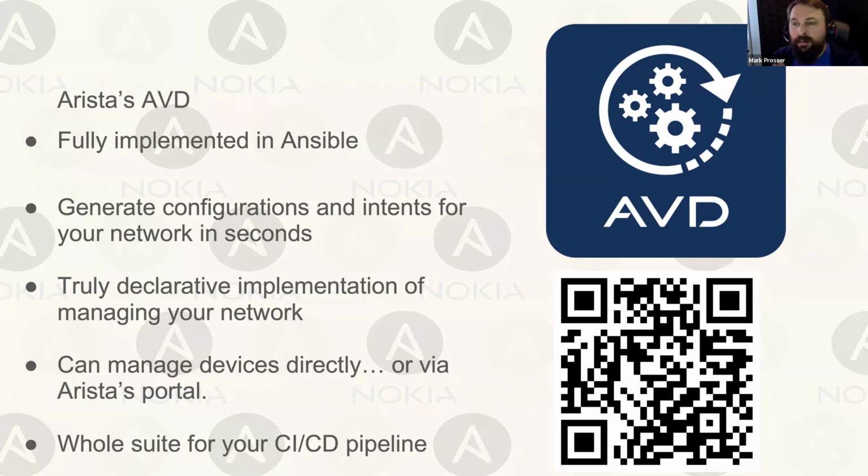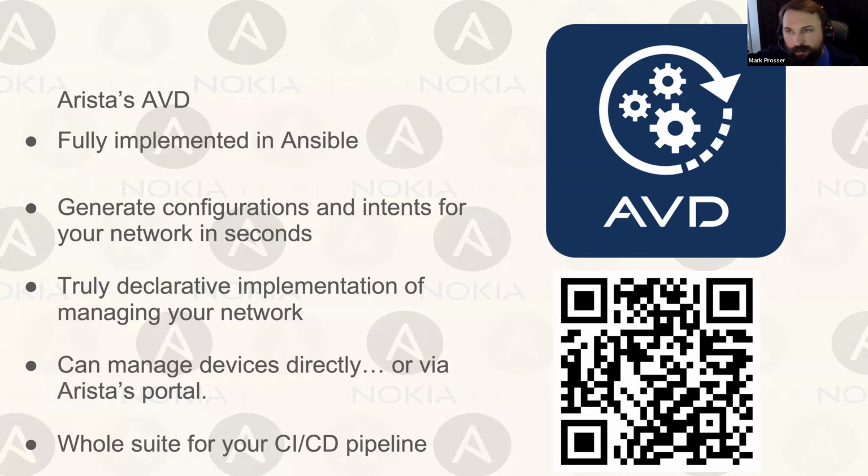And the great thing is, even if you don't have Arista, you can go and look at their work because it's open source and say, that's how you do Ansible for networks. That's how you do declarative. I think Arista and Nokia are really pushing the boundaries of getting the future of networking out there, right? This is feature rich for your CI/CD pipeline, and it's 100% Ansible.